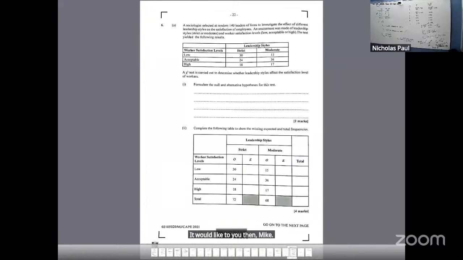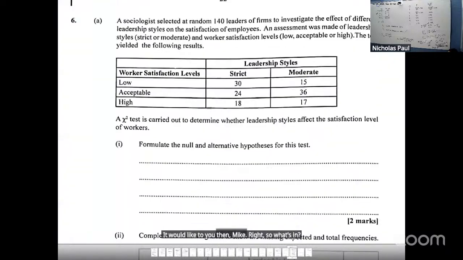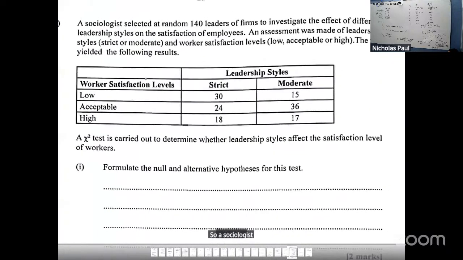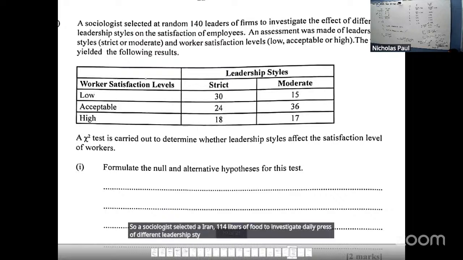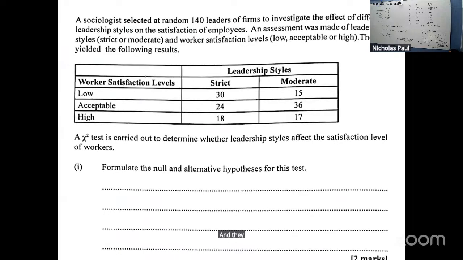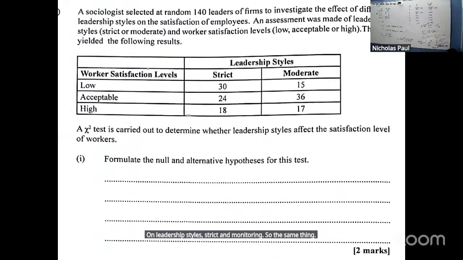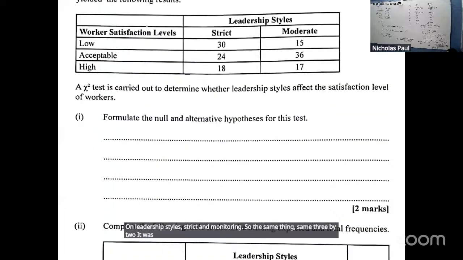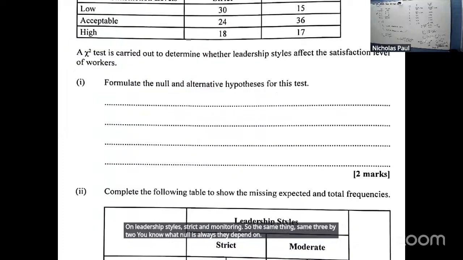Right, so watch here. A sociologist selected a random 140 leaders of a firm to investigate the effects of different leadership styles on the satisfaction of employees. They set up a table: low, acceptable, high, and leadership style, strict and moderate. So the same thing, same 3x2. They wanted to develop the null and the alternate. You know the null is always the independent, the alternate the dependent.